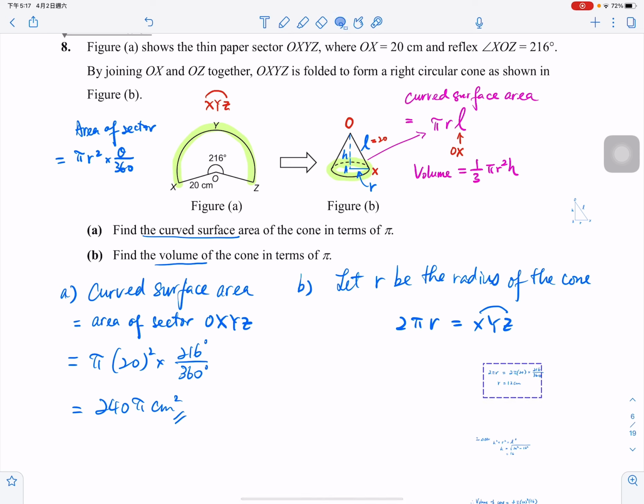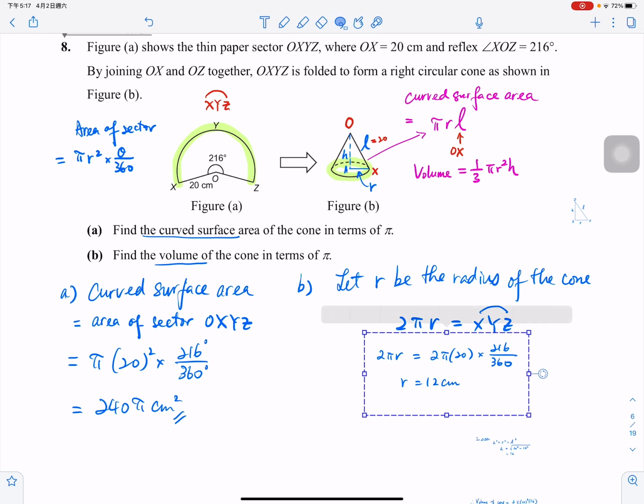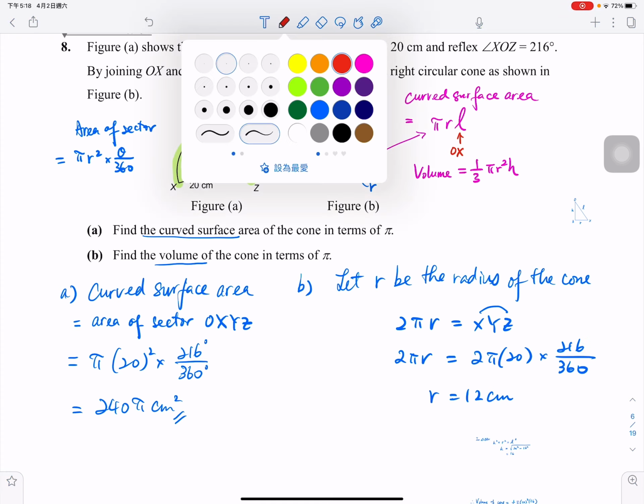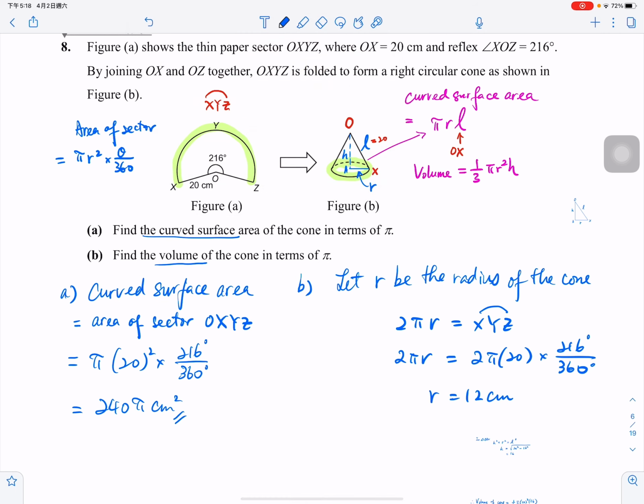So 2 pi r equals the arc length, which is 2 pi times 20 times theta over 360. Now with 2 pi times radius 20, you can find the arc length XYZ. So r is 12 cm.